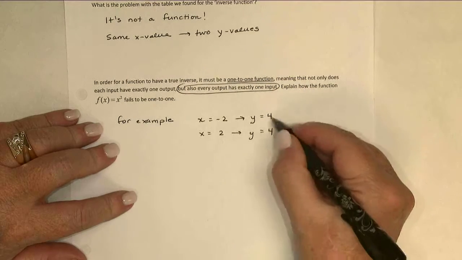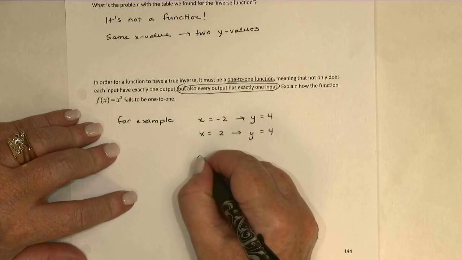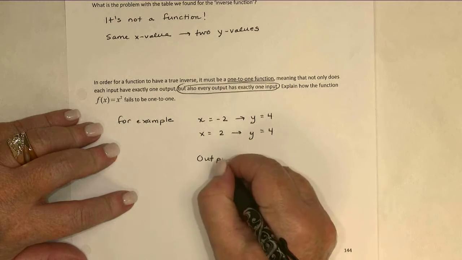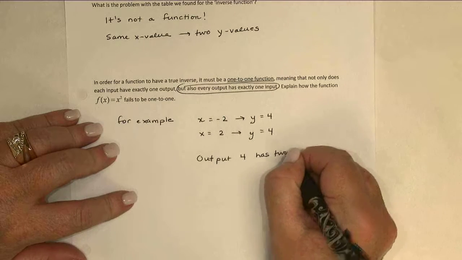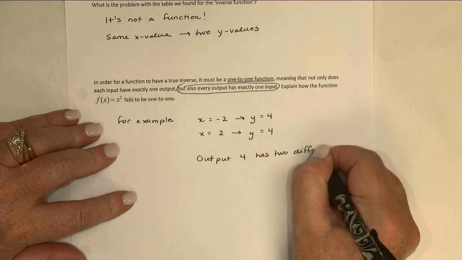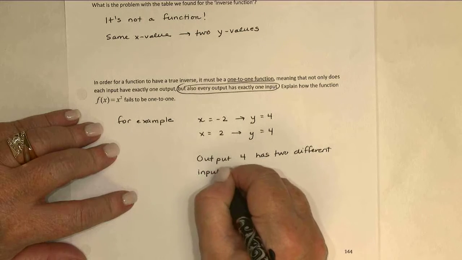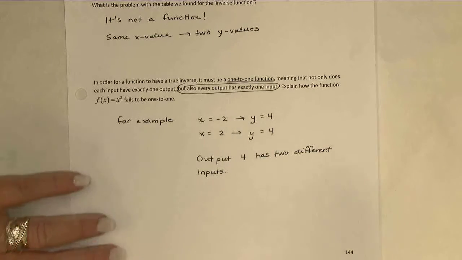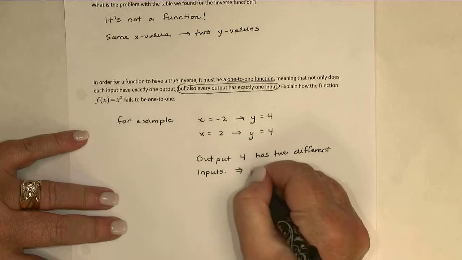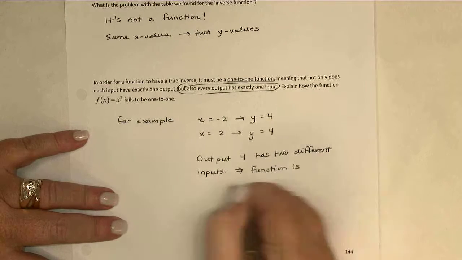We now have an output that has 2 different inputs. That's fine for a function, but it's not okay for a one-to-one function. So this function is not one-to-one.